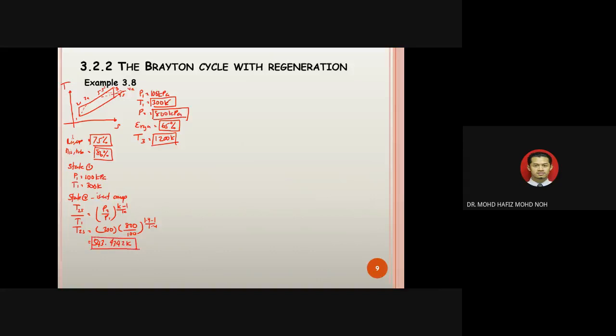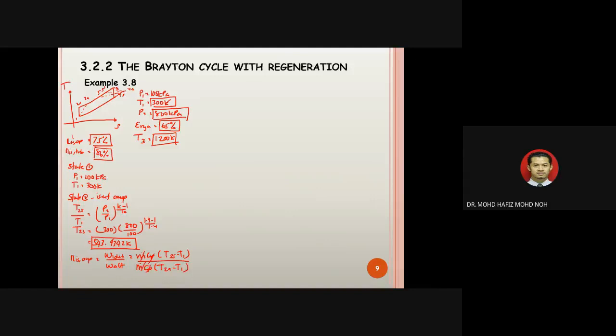And then you can find the value of T2 actual by using the isentropic efficiency for the compressor, which is W ideal divided by W actual. That is m dot Cp (T2S minus T1) divided by m dot Cp (T2 actual minus T1), so m dot and Cp can be cancelled out.